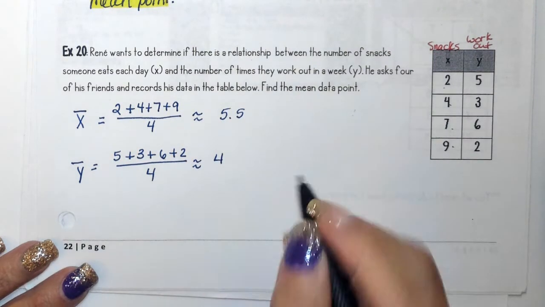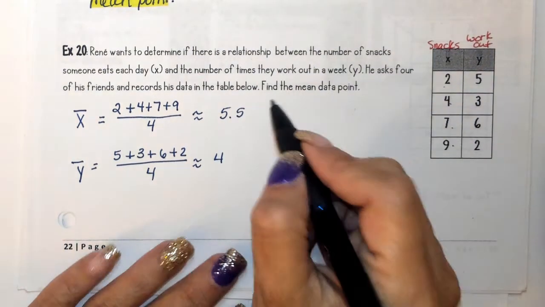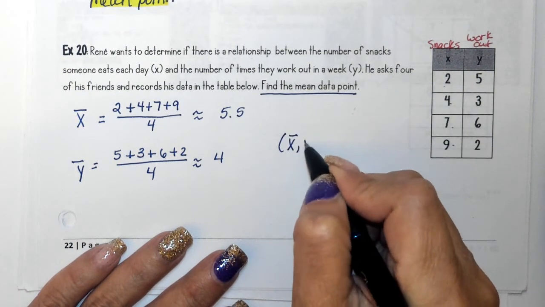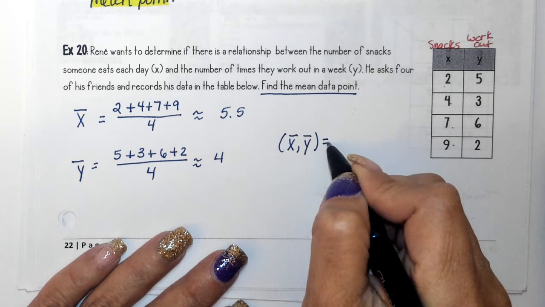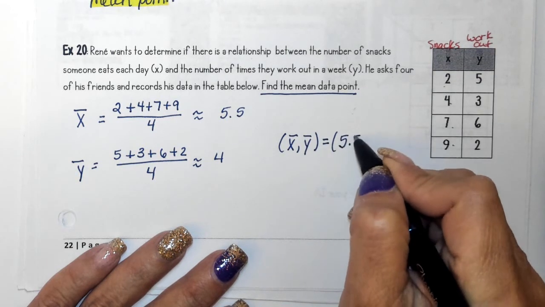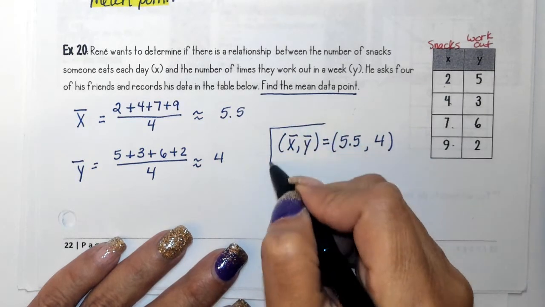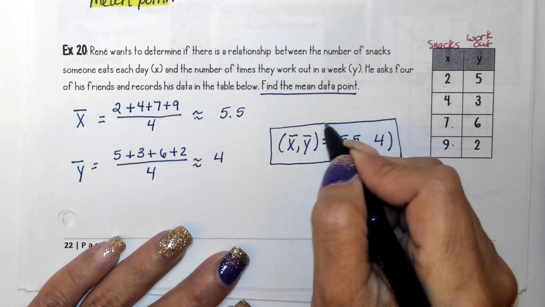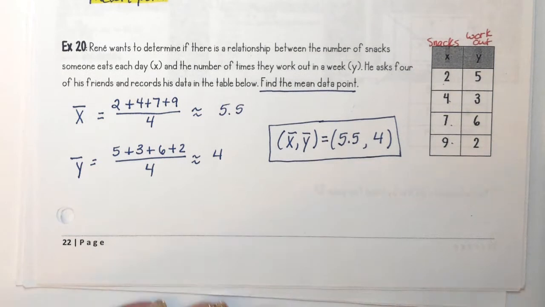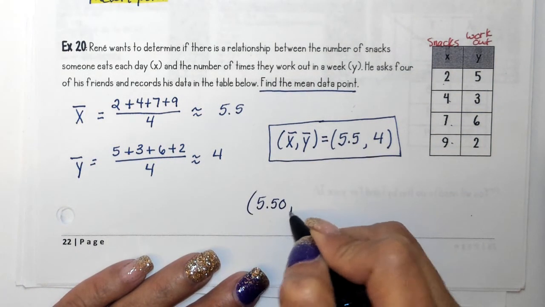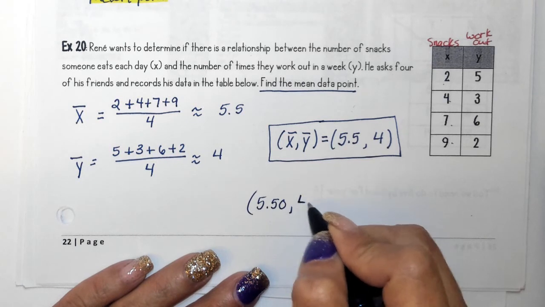So here's what I would want to write when I get this answer. And it asked me, this is super important, for the mean data point, I would want to say that X bar, Y bar equals 5.5, comma, 4. Now, just as a reference, if they said write it to 3 sig figs, I could put 5.50, comma, you have some options.